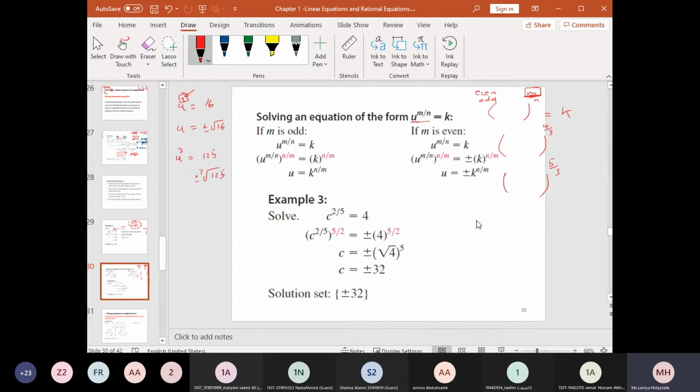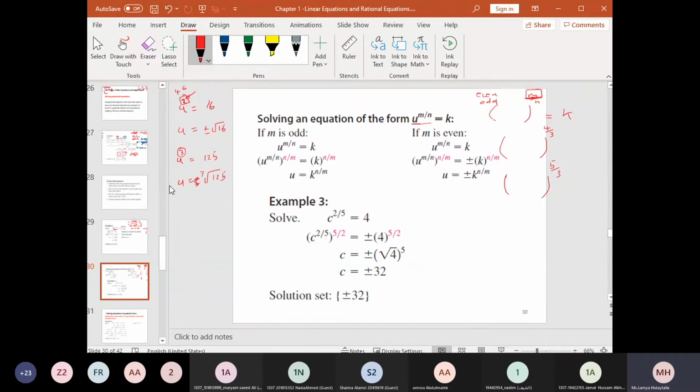I am not going to put plus or minus when this is odd. So u equals just that root. We had this before. So I have to look: if this is 2, 4, or 6, an even number, then when taking the radical, don't forget to put plus or minus. Okay, let's come back here again.